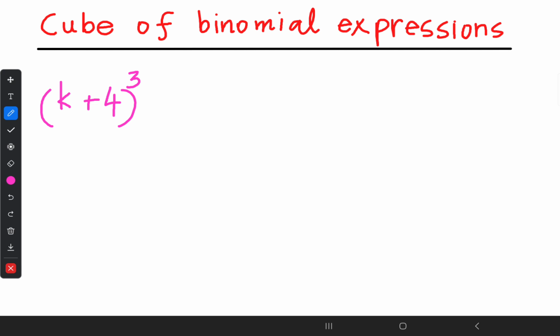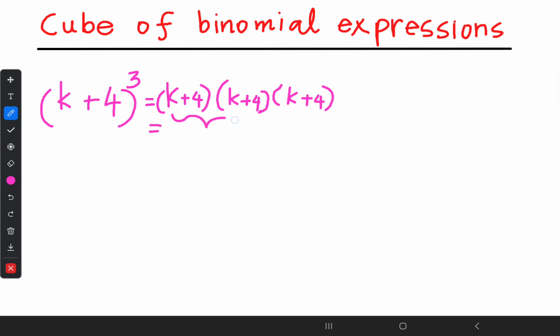So while we are expanding k plus 4 cube, first I can express it as k plus 4 times k plus 4 times another k plus 4. To make the multiplication easier, we can consider k plus 4 times k plus 4 as a square, because the same values are multiplied twice. No?